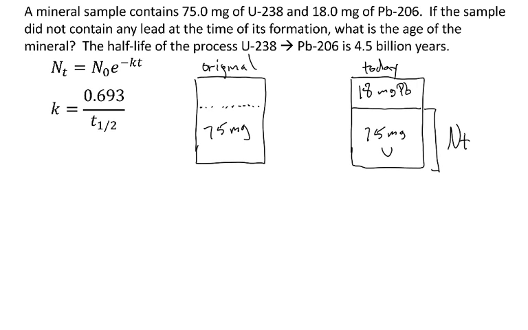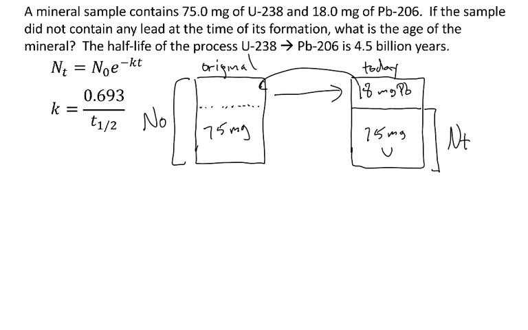What I need to figure out is that this 18 milligrams of lead makes up part of my N0, so how much did that lead weigh when it was uranium? This whole thing is my N0.